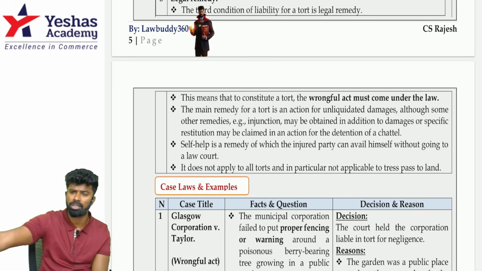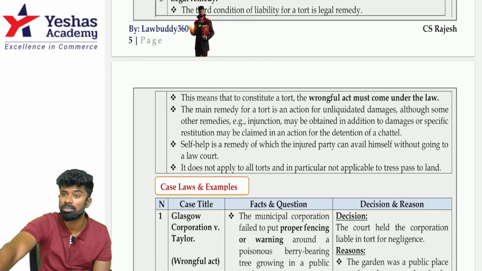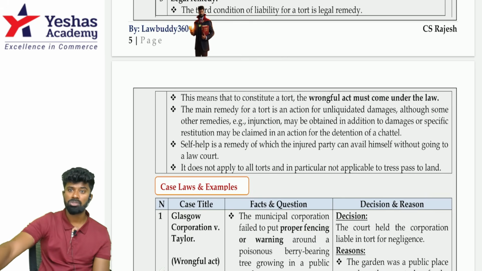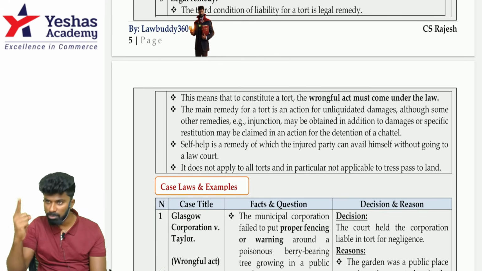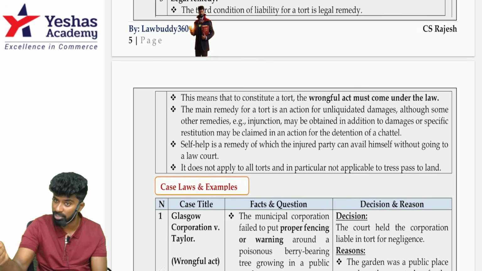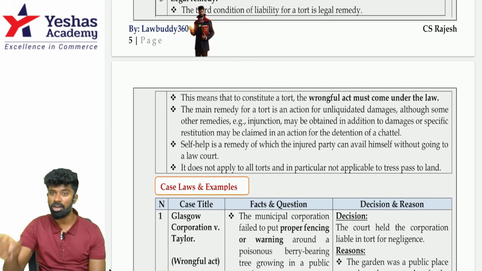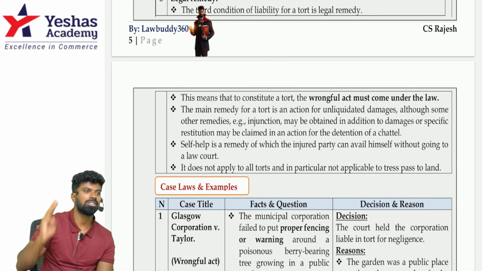Because nobody is staying over there. But if somebody trespassed your house, do you have self-help? Can you use some reasonable force to evict him from your house? Yes. But if somebody trespassed your land, do you have a right to file a case against him for recovery of compensation? Yes, there is a violation of your right.